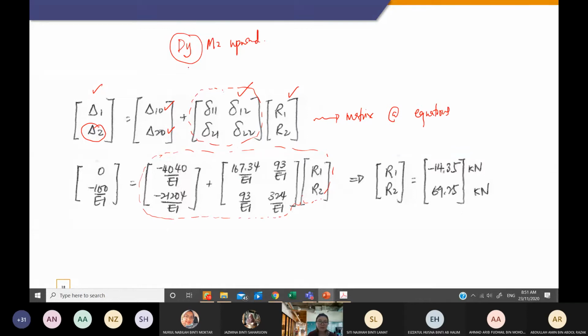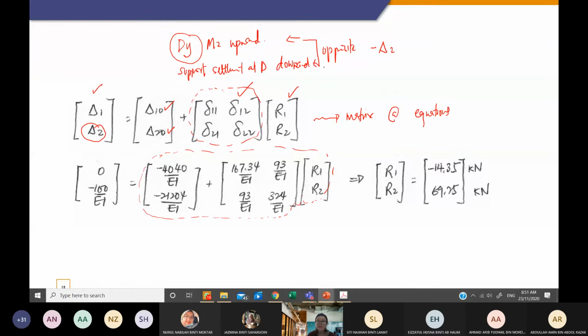Okay, and then settlement at D means downward. So if these are opposite, we give a minus to this delta 2.